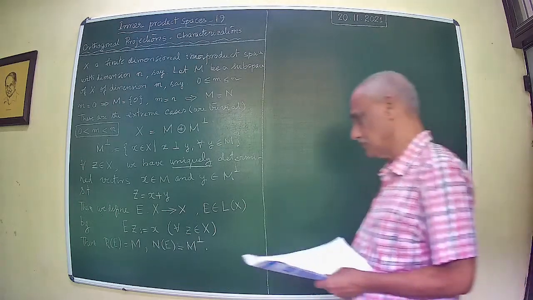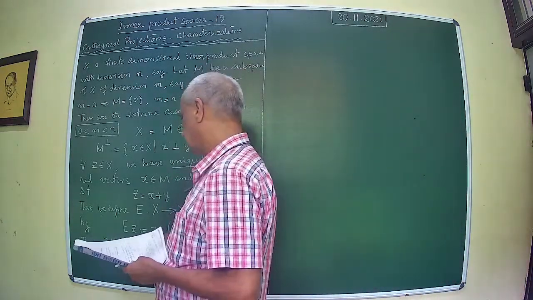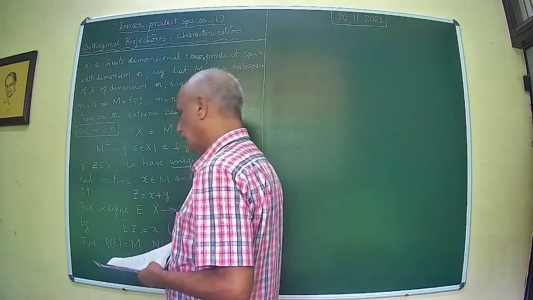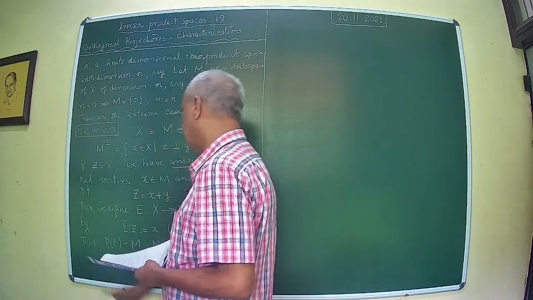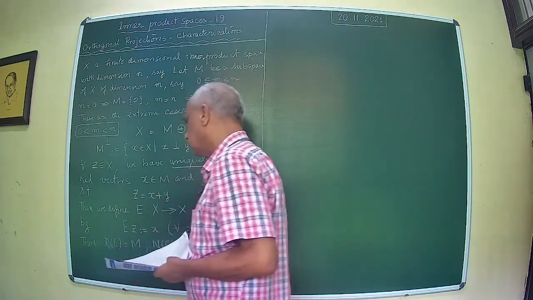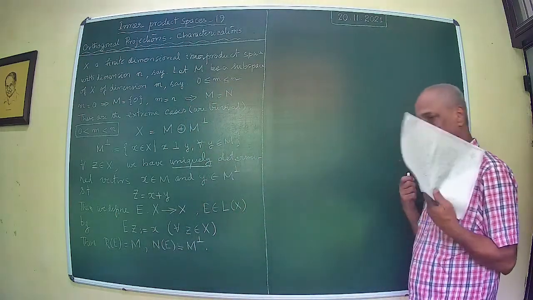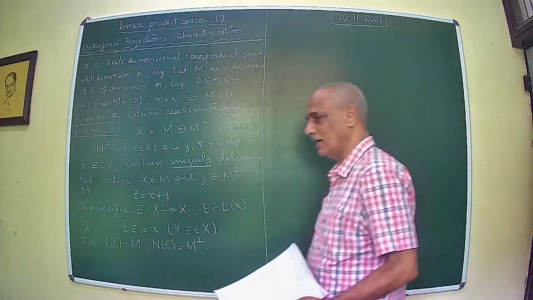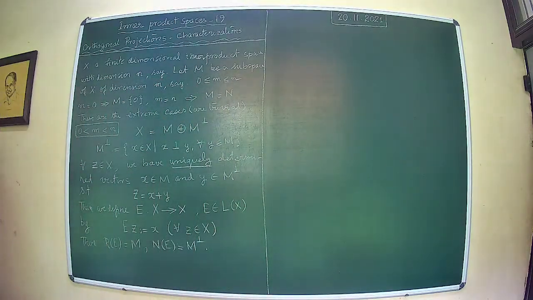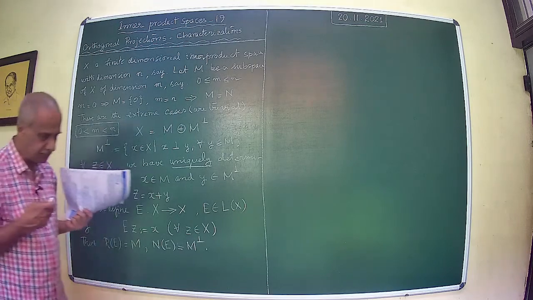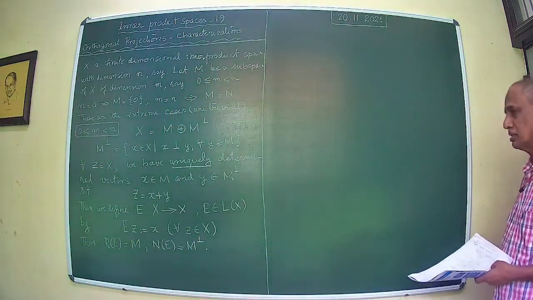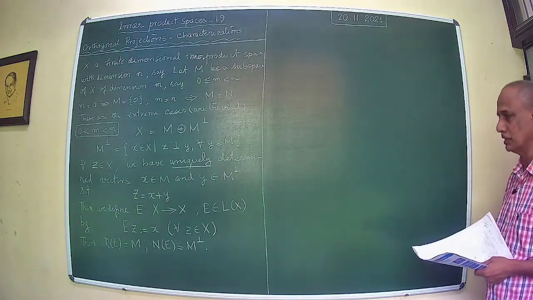Okay? And you see that range of E and null space of E have the property that if you pick a vector from the range of E and a vector from the null space of E, then they are orthogonal to each other. So we are completely exploiting the presence of an inner product and the concept of orthogonal vectors to introduce a new class of projections, namely orthogonal projections.